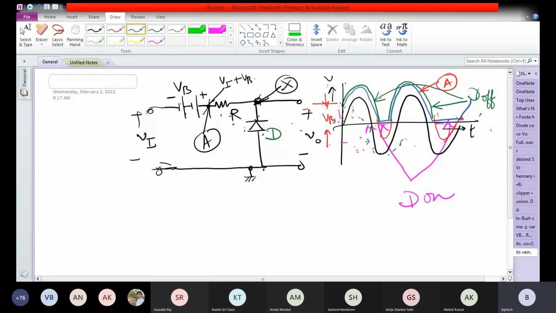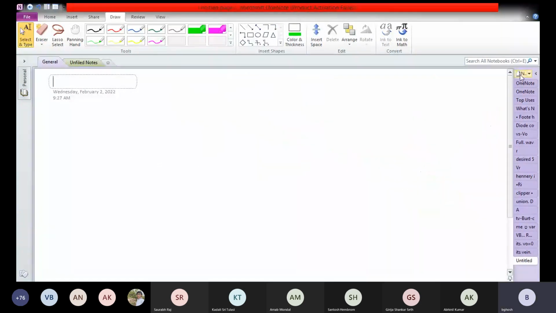Then the last one in the clipper domain.